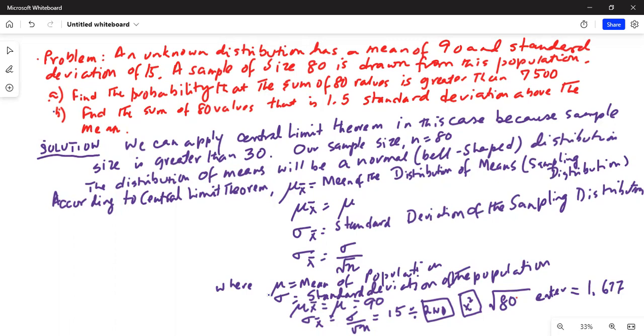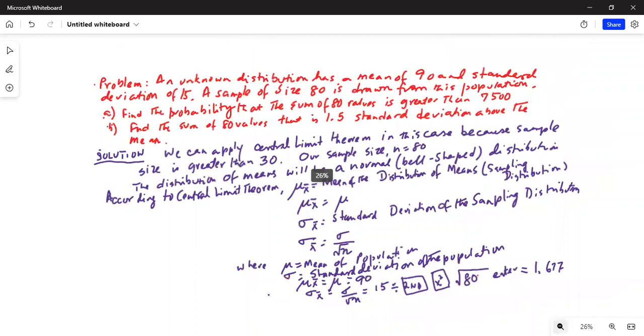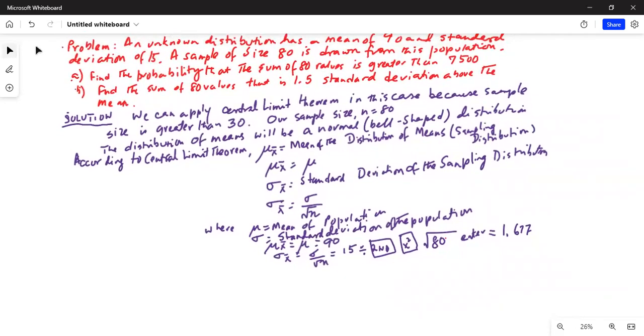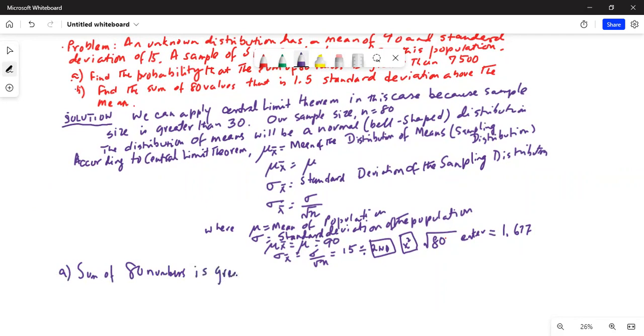Let me create some space for myself. Now in part A, the sum of 80 numbers is greater than 7,500.